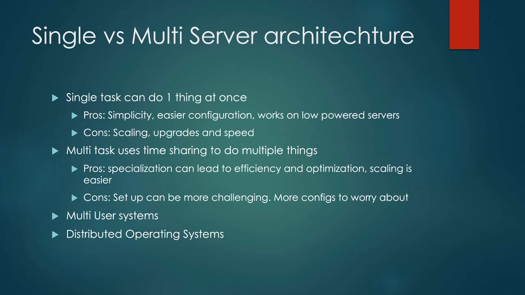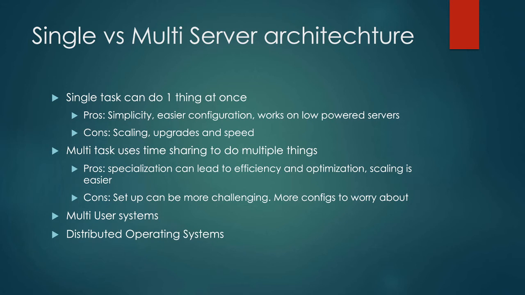Now with servers, we might end up having a single task server or a multitask server. A single task server can do one thing at a time, but it's a little bit harder to do upgrades and scaling for. But it's actually a little bit easier to configure because you only have to worry about one thing, so there aren't going to be as many issues with things like dependencies.